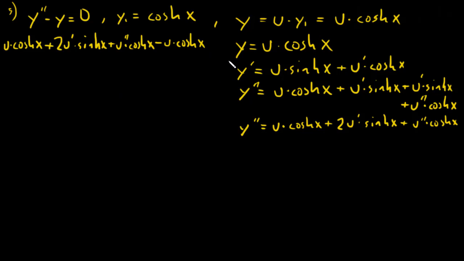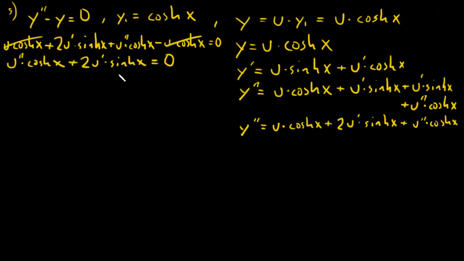Alrighty? And that should equal 0. So those two drop, and I'm left with, rewriting it in descending order of the derivative, u double prime times cosh x plus 2 u prime times sinh x equals 0.